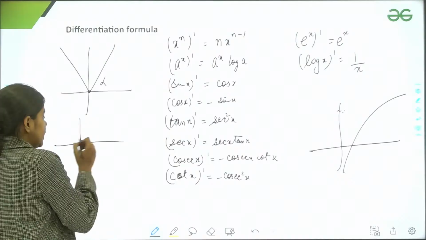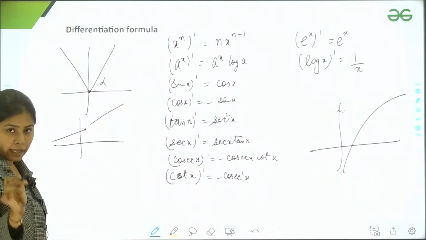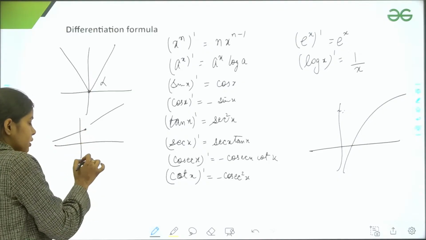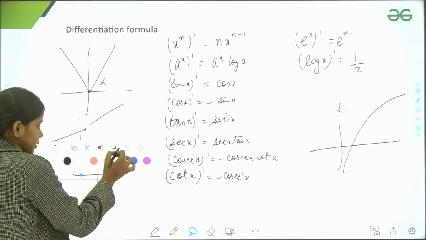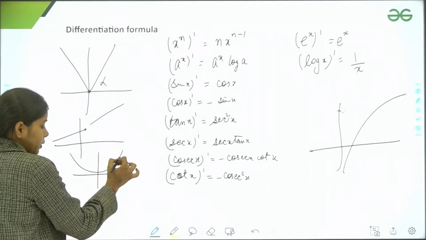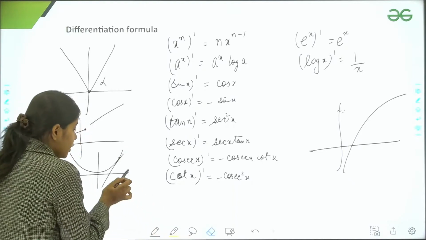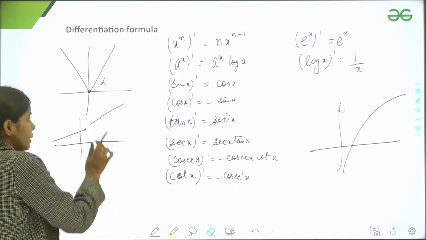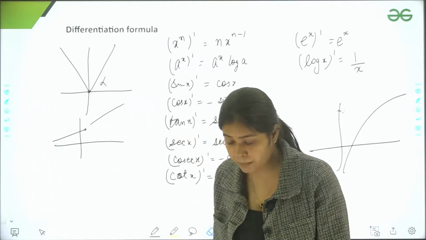If there is a break in a graph, I know that at an end point I'm not able to draw a tangent. I can draw a tangent on a smooth path, right? I can draw a tangent here, but I cannot draw a tangent at an end point. So that means the function is not differentiable when there is a sharp point.